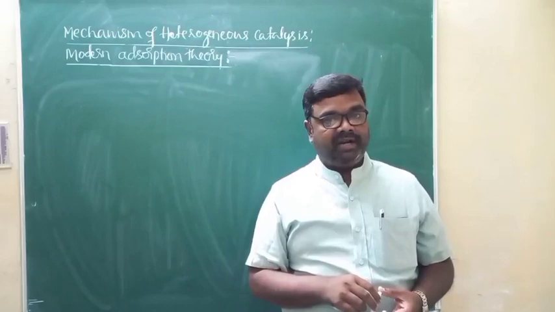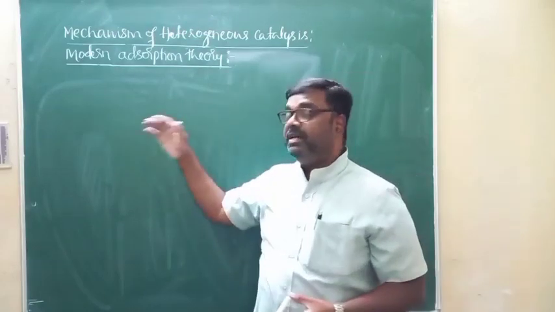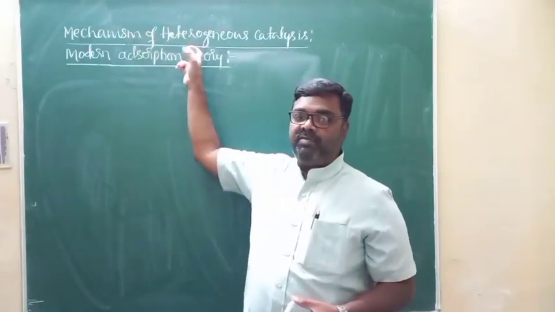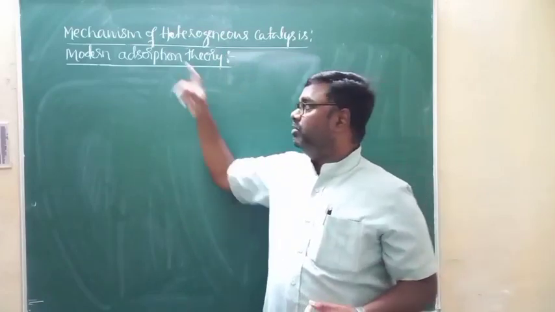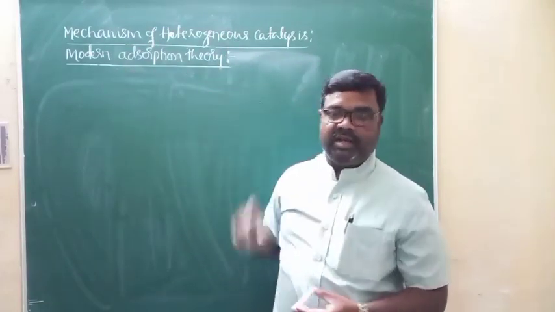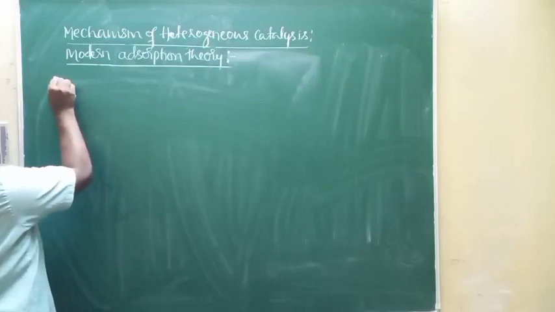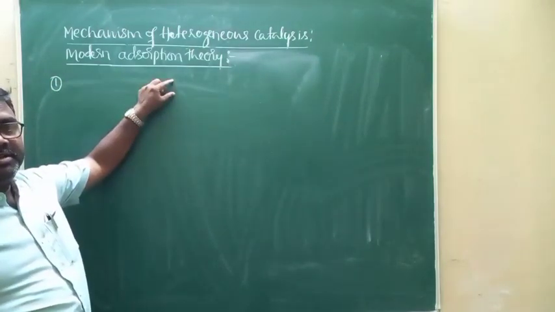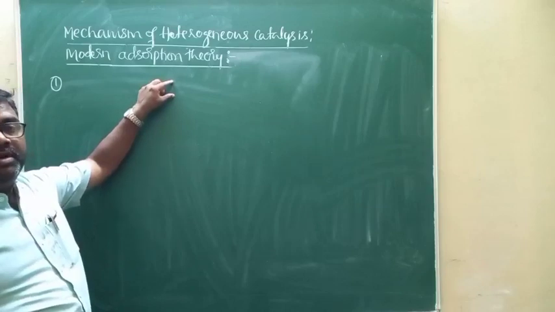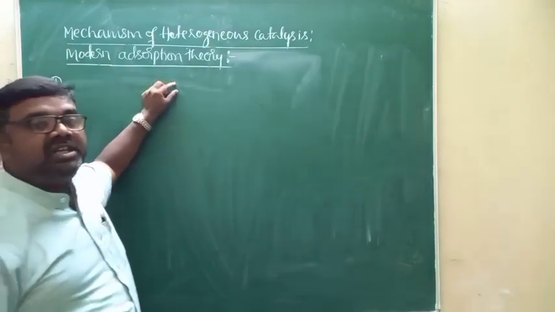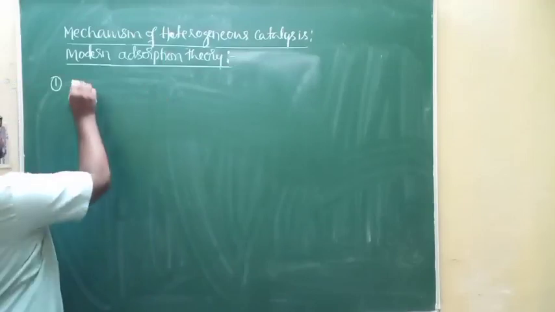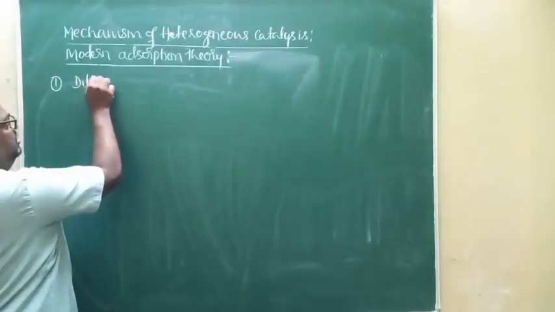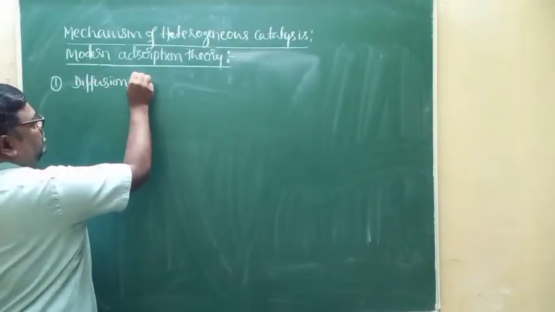Now let us see the different steps involved in the mechanism of heterogeneous catalysis according to modern adsorption theory. As far as the first step is concerned, in heterogeneous catalysis, the first step is diffusion of reacting molecules towards the surface of catalyst. That is the diffusion of reactants.